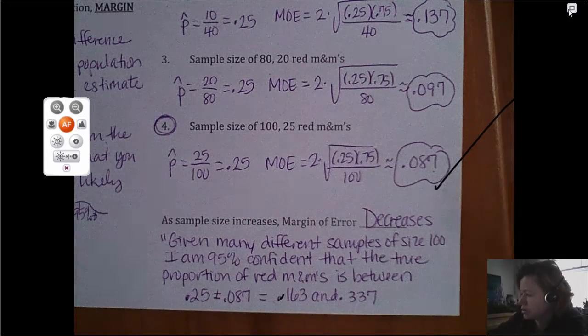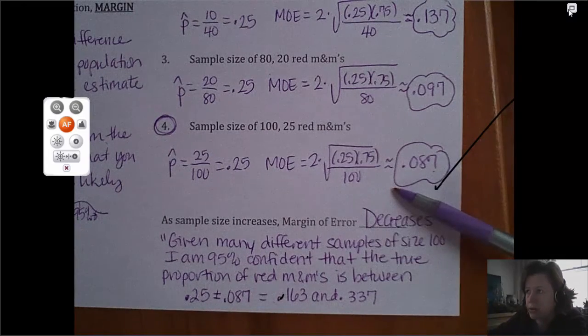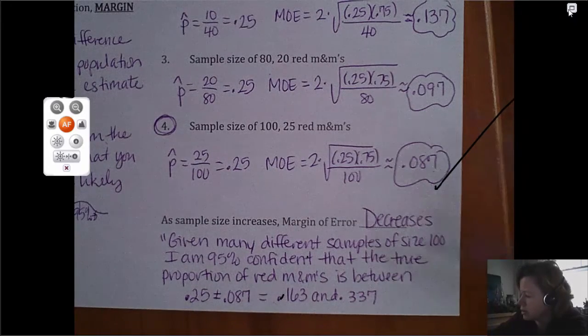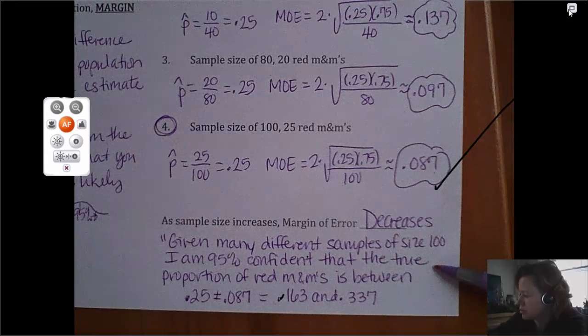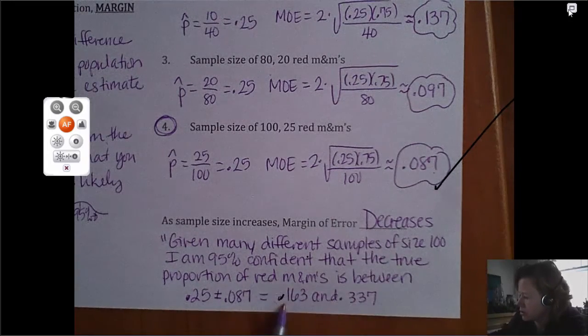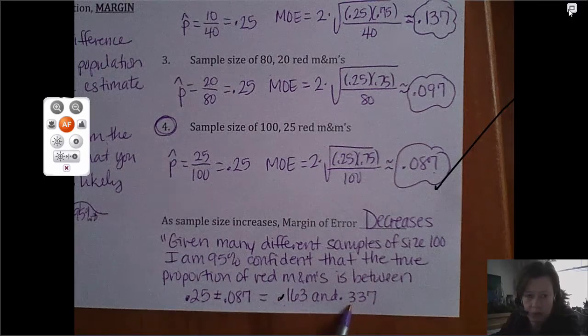So again, when I find my margin of error using my 95% confidence interval, I can say something like, given many different samples of size 100, I'm 95% confident that the true proportion of red M&Ms is between 0.163 and 0.337, or between 16% or so and 34% or so, if you choose to round that way.